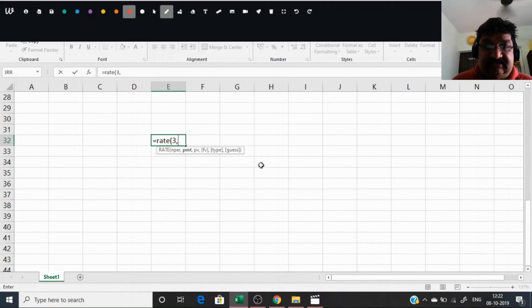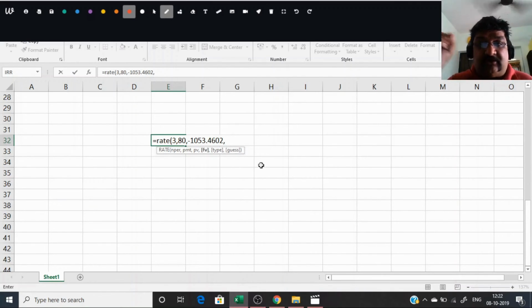PMT is basically the payment, which is the recurring payment. In our case, that is the coupon of $80. PV is the present value of the bond. Please note that I will write here minus 1053.4602. The reason we write minus, and we use the same thing in the Texas BA II Plus also, is because the system needs to understand a give and take relationship.